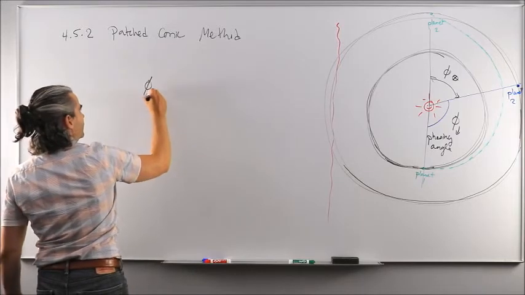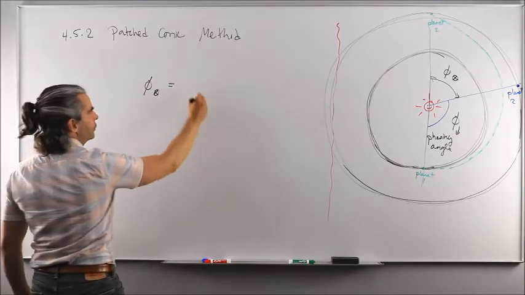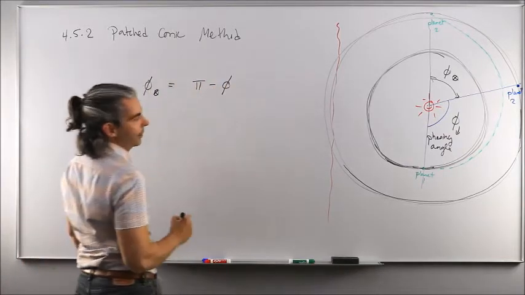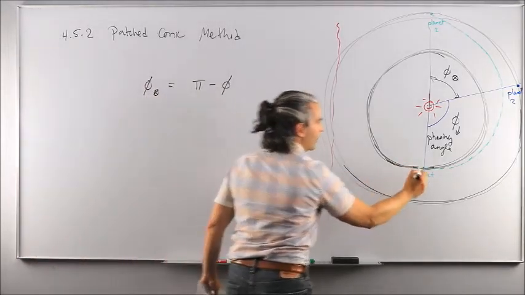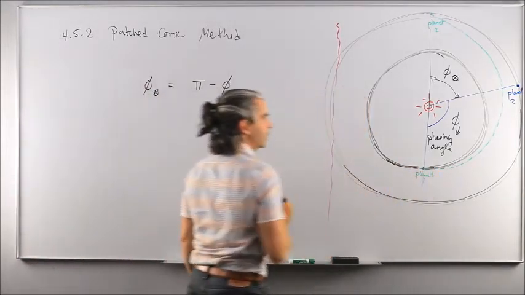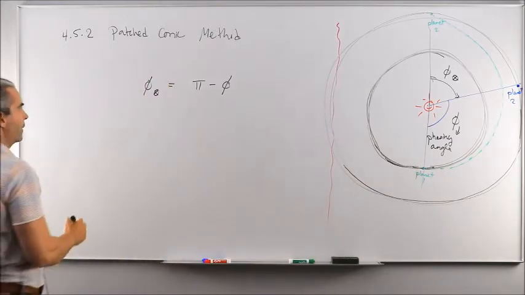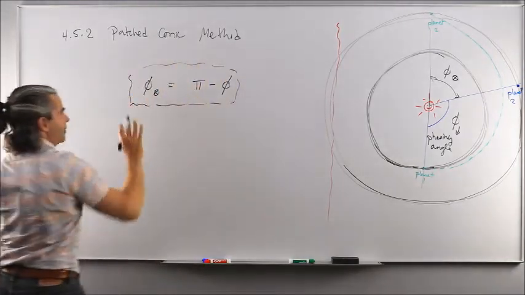So again, the angle the planet must cover is going to be equal to pi minus the angle that planet 2 had with respect to planet 1 when the spacecraft launches from planet 1, known as the phasing angle, like that. Okay?